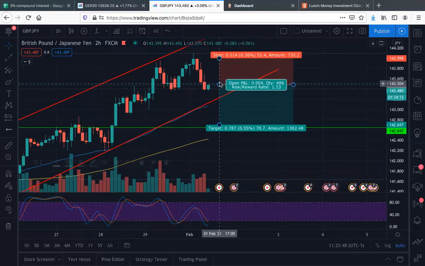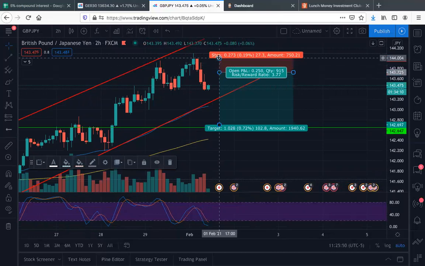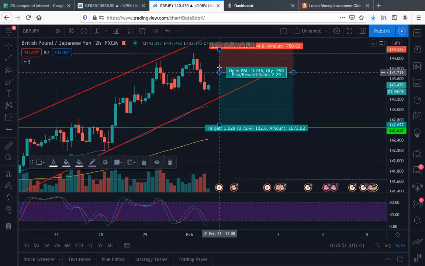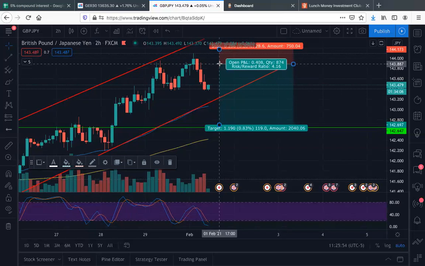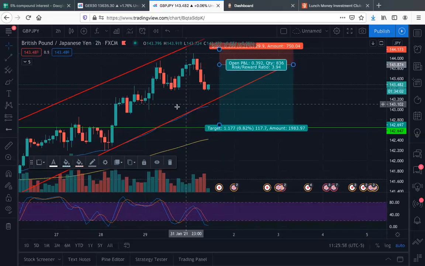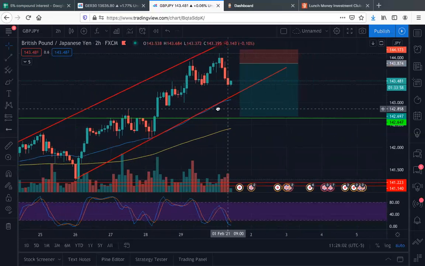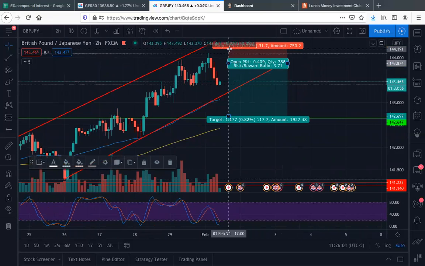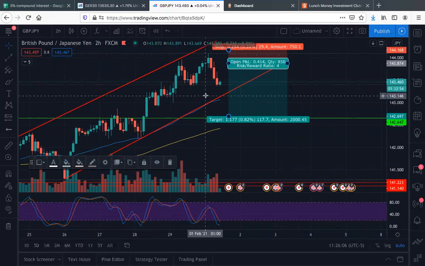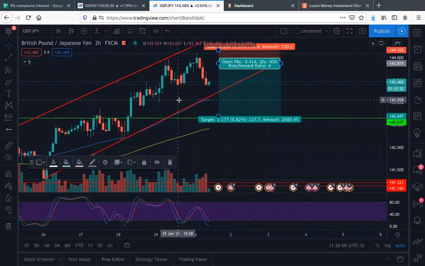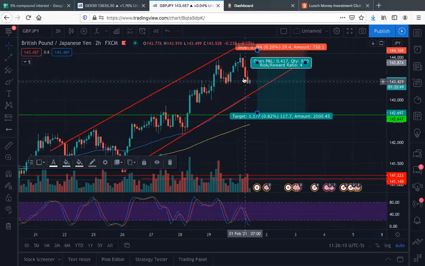But if they end up giving us a better price and we end up being able to enter here upon the left shoulder, right, then we have a much better risk to reward ratio of 4 to 1. All right. So it could be worth it to wait, but price could leave us all at the same time.